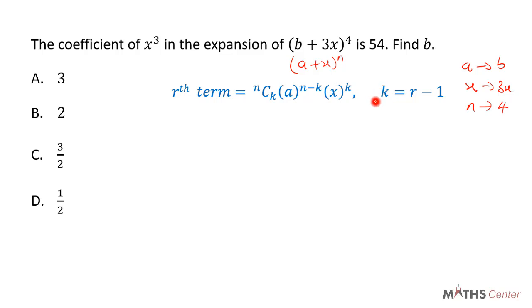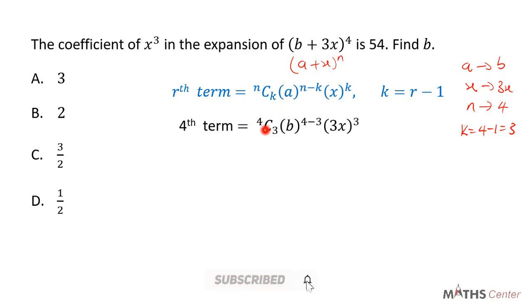If r is equal to 4, then k, which is r minus 1, will be 4 minus 1, which is 3. So the first term a is b, the second term x is 3x, n is 4, and k is 3. Let's substitute this information into the formula.